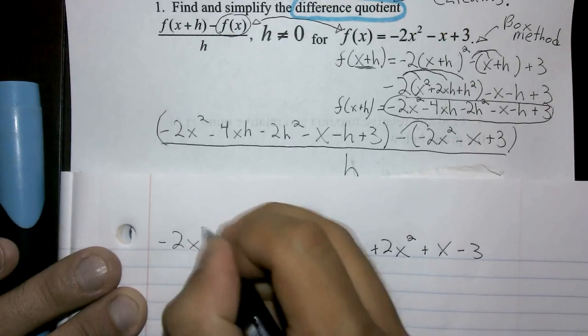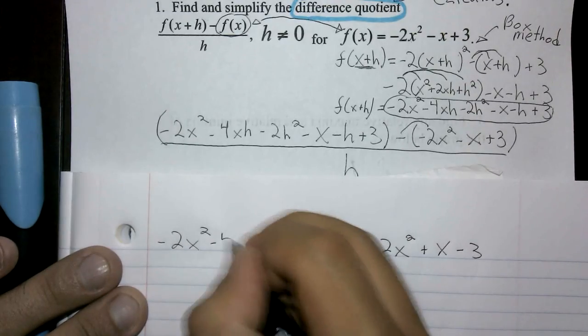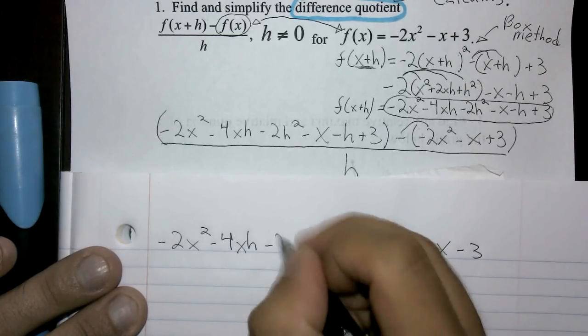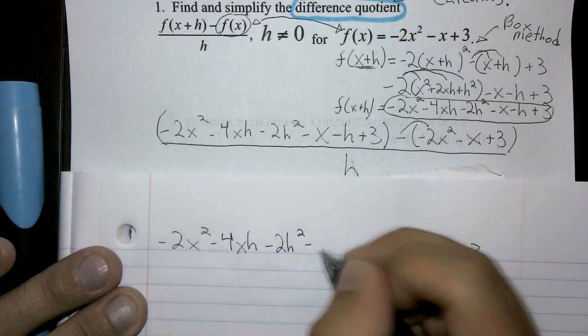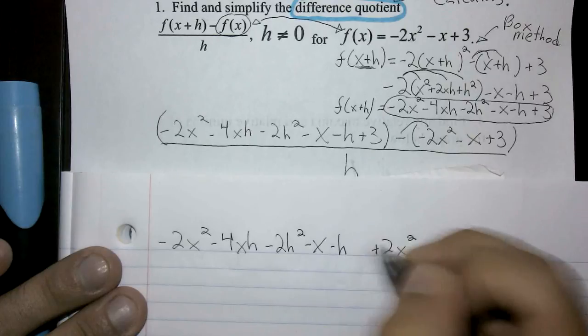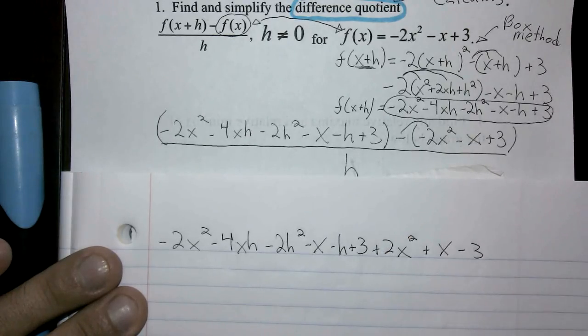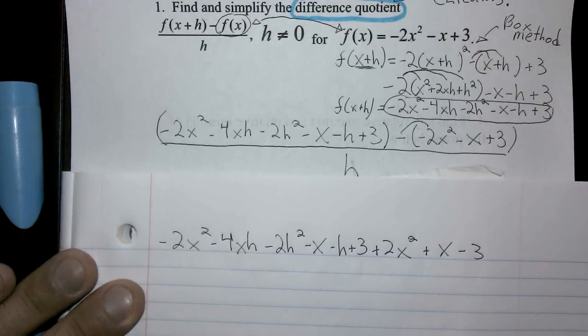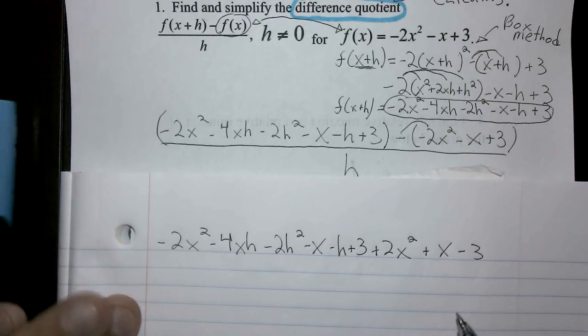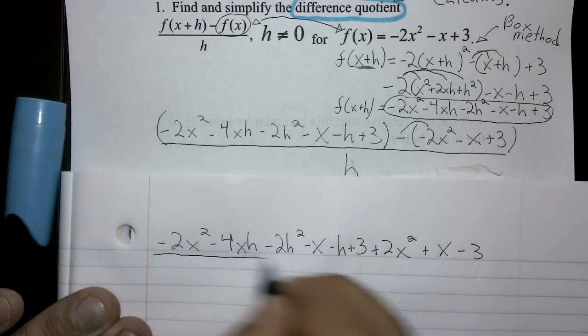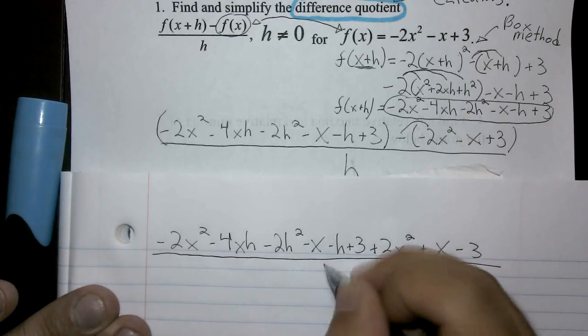I'll even rewrite f of x plus h. This is probably the most amount of math work that you've had for one problem. So if this seems intimidating, we're almost done. We'll just rewrite that this is dividing by h, just for closure.